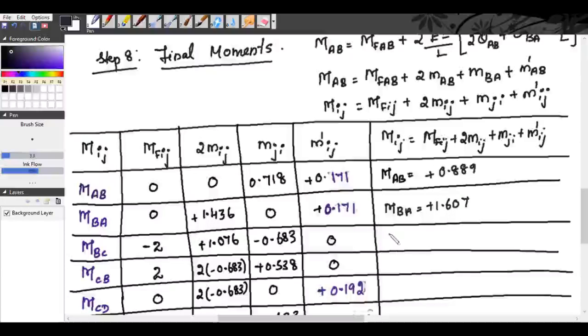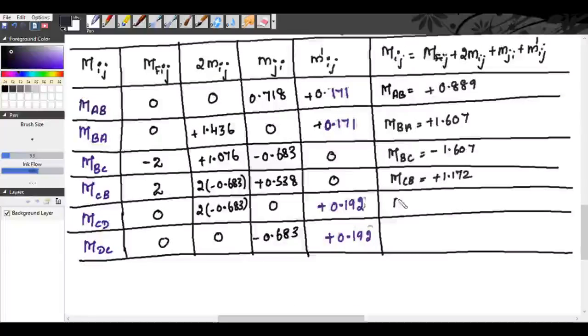MBC is equal to minus 1.607. MCB is equal to plus 1.172. MCD is equal to minus 1.174. MDC is equal to minus 0.491. So everywhere it is kilonewton meter.